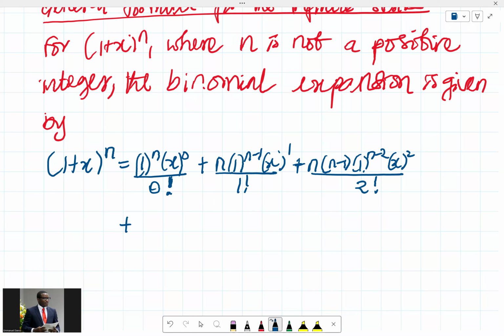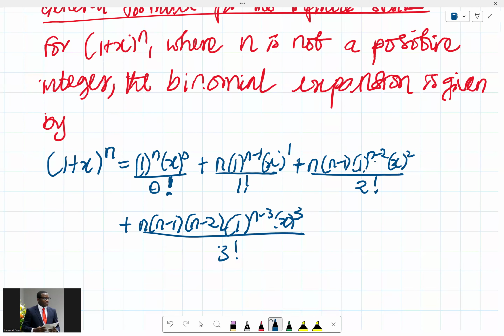Then you have n into n minus 1 into n minus 2. So this n minus 2 up there now comes down here. So you have 1 raised to power n minus 3, then x raised to power 3, all over 3 factorial.